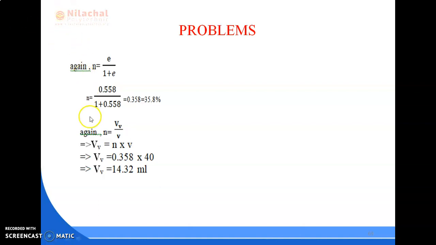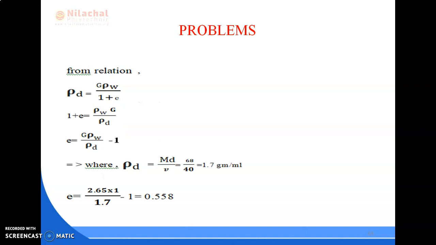As porosity is always represented in percentage, the answer is 35.8%. And at last, we have to find out VV, volume of void. So porosity n equal to, we know this relation, VV by V. From that VV equal to n into V, which implies VV equal to 0.358 into 40 equal to 14.32 ml. This is the answer.